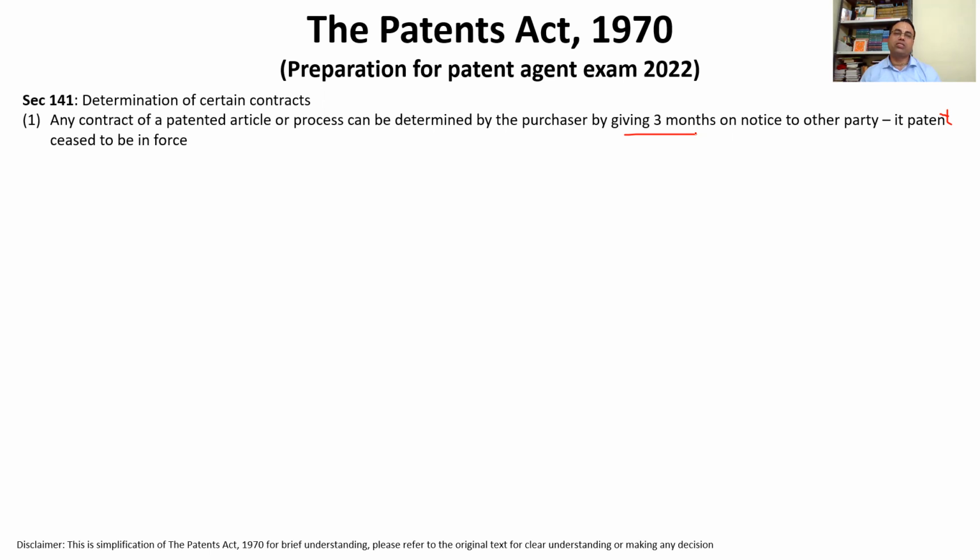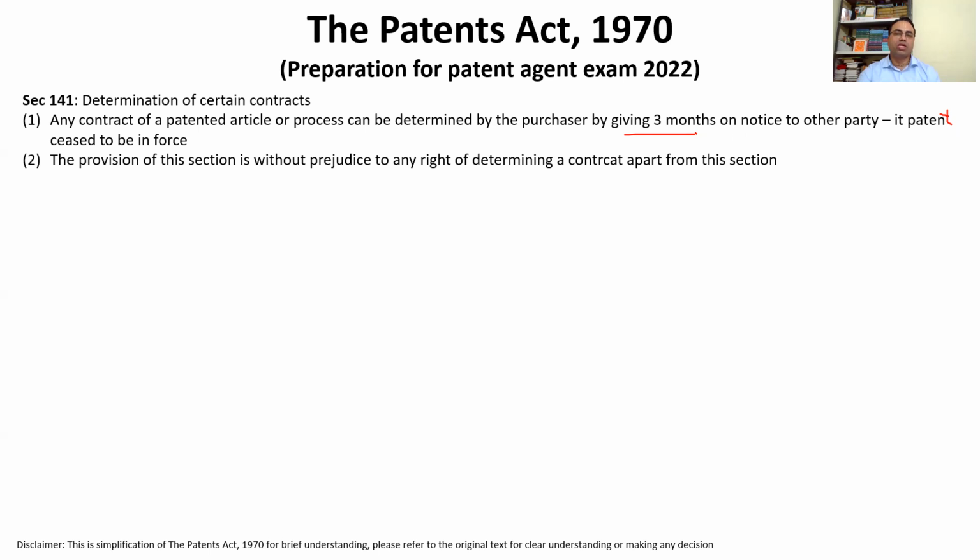Or if the patent ceased to be enforced, meaning the patent has expired, the fees have not been paid, or it has been revoked, whatever the case may be, in either case, if the patent is not enforced, then that contract is not enforced. The provision of this section is without prejudice to any rights of determining a contract apart from this section. So they also safeguard that other rights are not harmed.